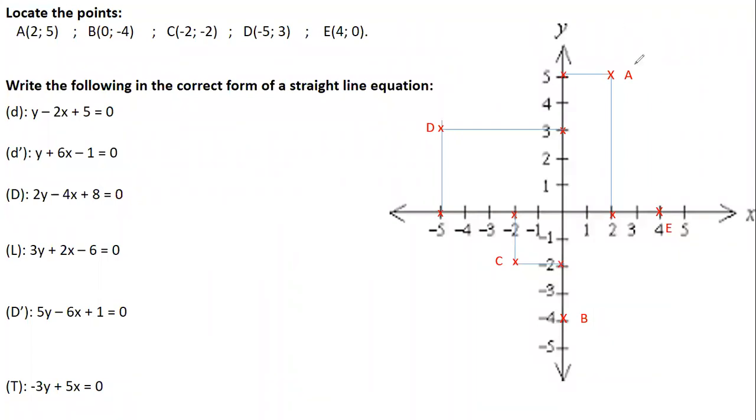The general equation form of any straight line in a system of axes. Y equal AX plus B. So any straight line in a system of axes should have been written in this form, y equals ax plus b.